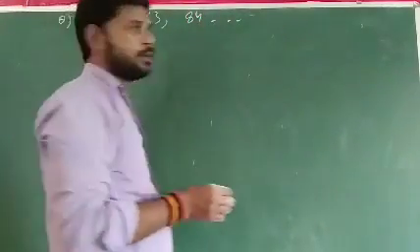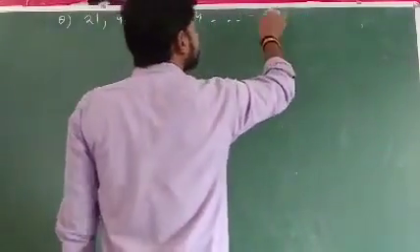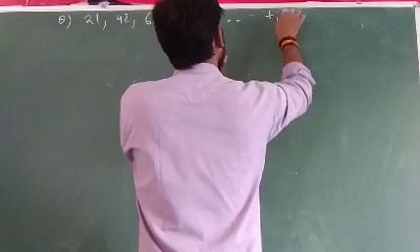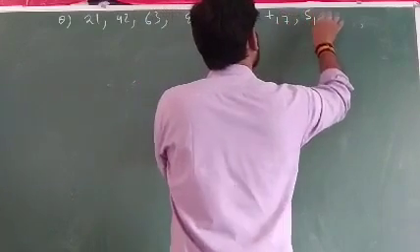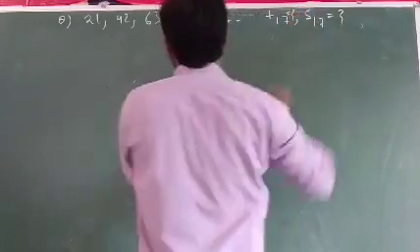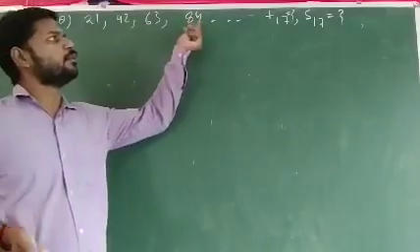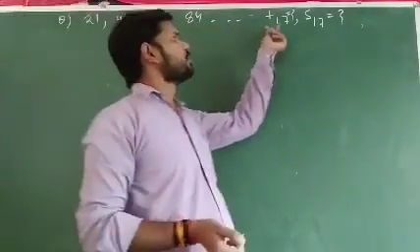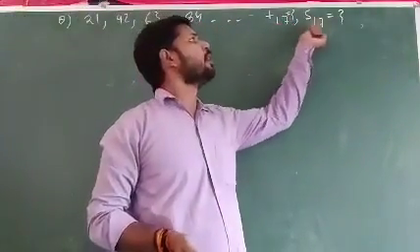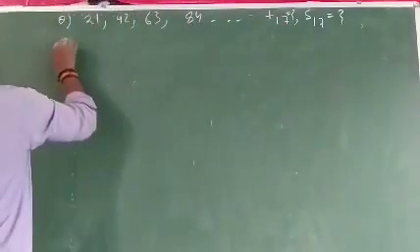It is asked that you find T17 and S17. You have to calculate both the terms. It is given to you 21, 42, 63, 84, dot dot dot, and it is asked to find T17 and S17. Similarly, we can have more questions.